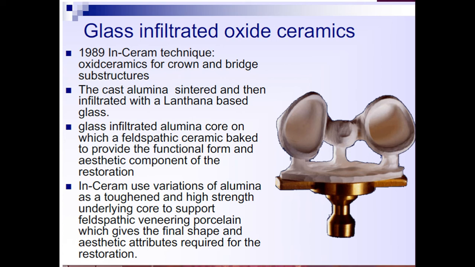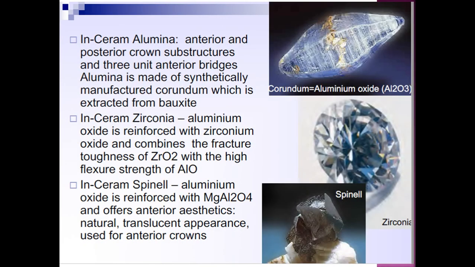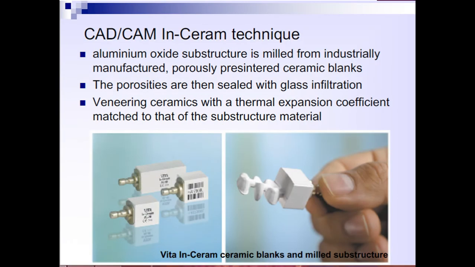So coming to processing techniques, we have seen hot pressing and sintering both. The other thing we are concerned about is computer aided designing and computer aided milling. How does this happen? You can see these are blocks of ceramics which are half baked, that means partially baked blocks of ceramic materials or oxide ceramic materials.